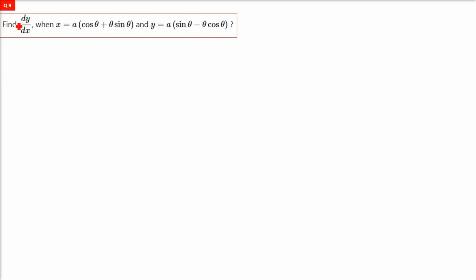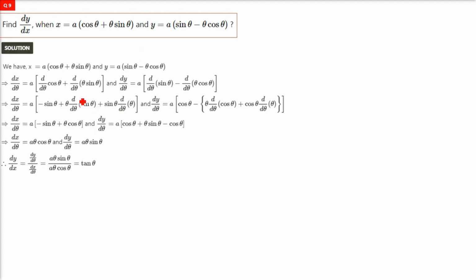Now here we have dy by dx. x and y are in terms of theta, sine and cos. So same thing we are going to do, dx by d theta and dy by d theta, then we'll divide them. So x is equal to a(cos theta + theta sin theta). So dx by d theta, a constant, so you can take it outside. Cos theta is minus sin theta, and theta sin theta will apply the product rule.